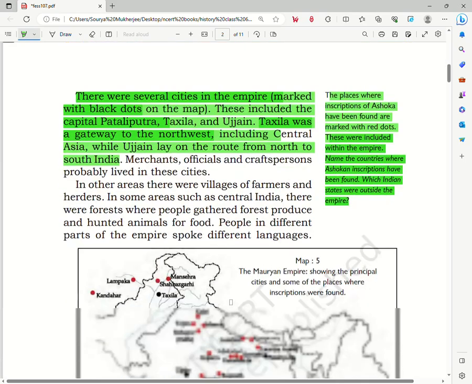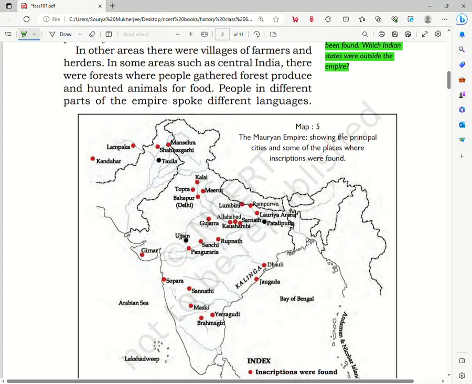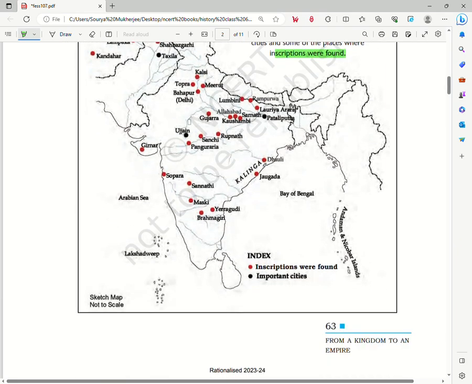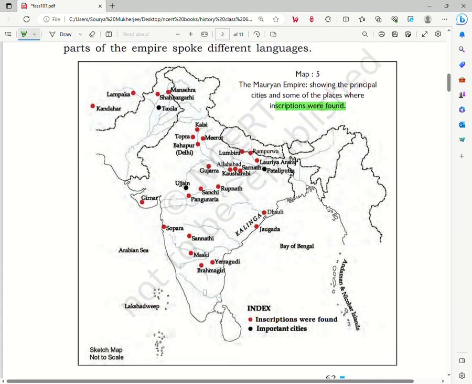So guys, we can see that if we look at map 5, the Mauryan Empire showing the principal cities and some places where the inscriptions were found. In this map, we see the major cities and the places where Ashokan inscriptions have been found.